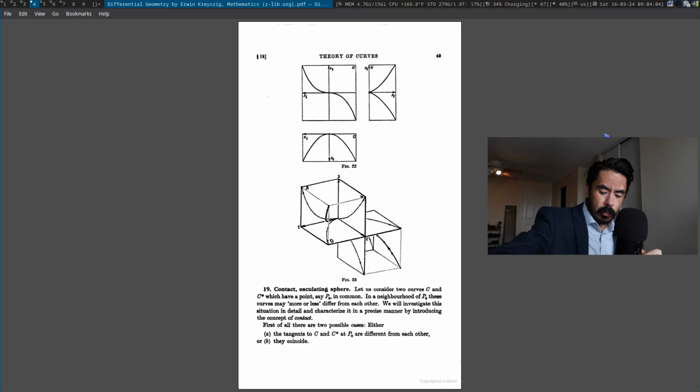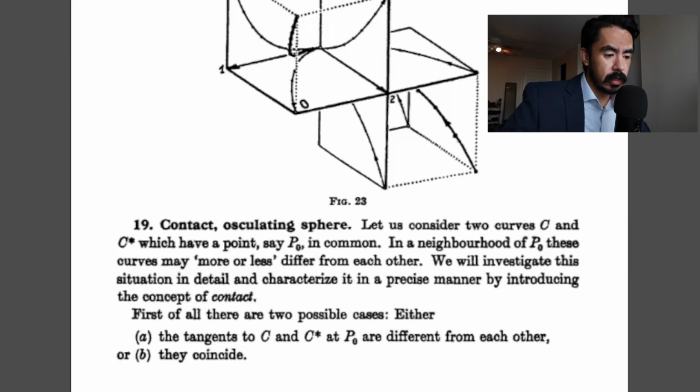So continuing on with reading from the Differential Geometry book, we are in section 19 of chapter 2, which is the theory of curves. That's the chapter, and the section is contact, the osculating sphere. We've already seen the osculating plane, the osculating circle, and now we are at the osculating sphere.